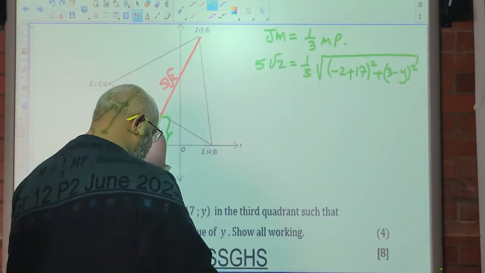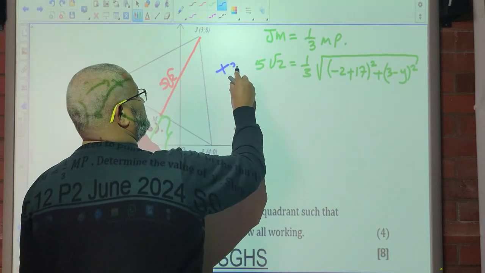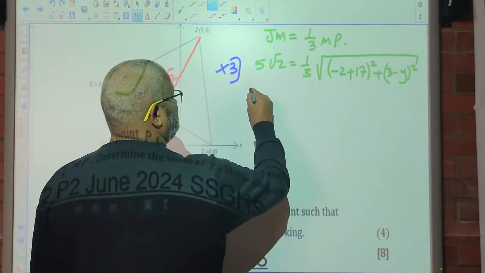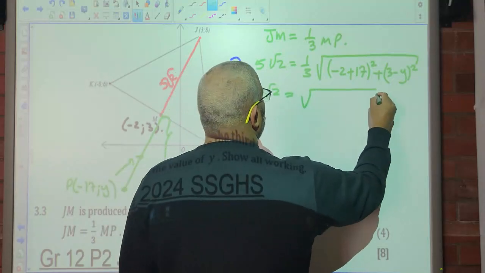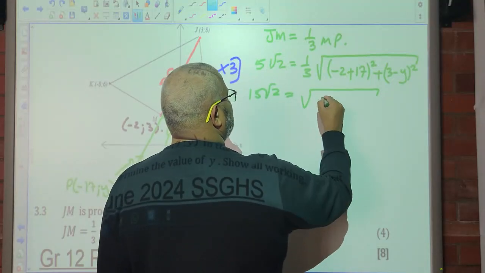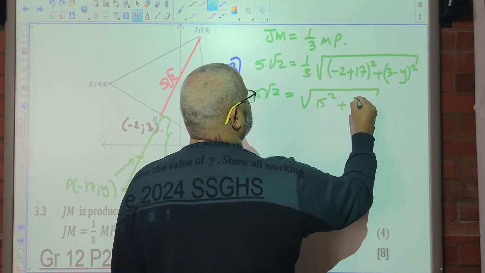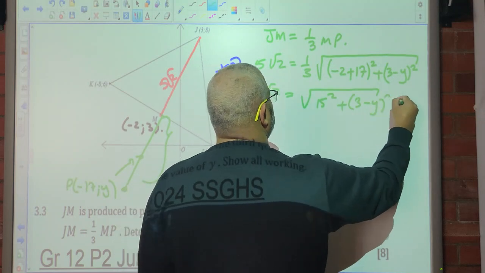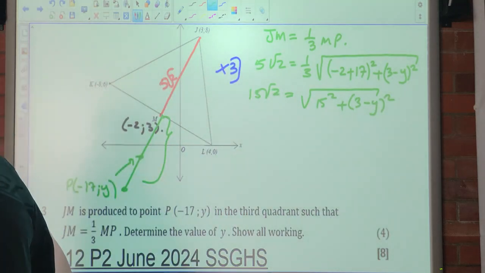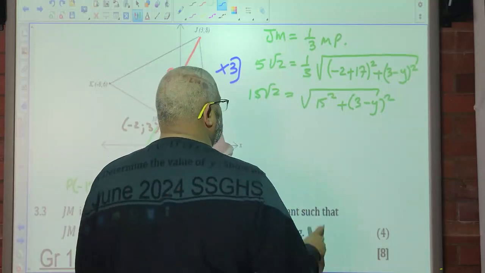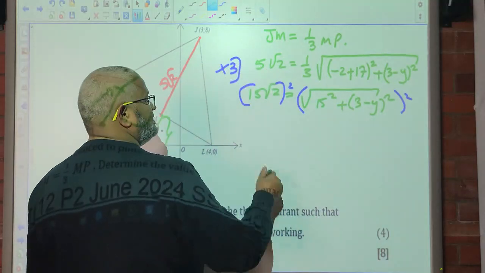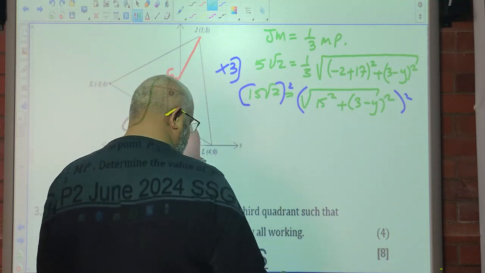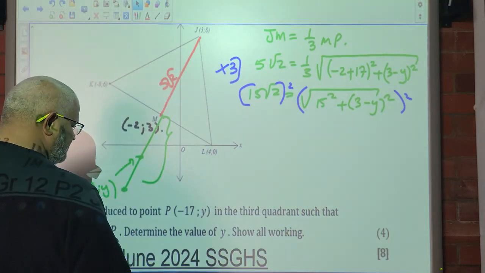Alright, so what do I do first? Multiply throughout by 3. So I'm going to get 15 root 2 is equal to the square root of 15 squared plus 3 minus y squared. What do I do now? Get rid of the square root by squaring both sides. So 15 root 2 squared will give you 225 times 2, which is 450.